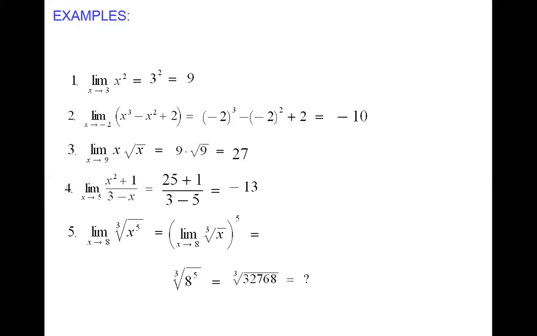But what I can do is pull that exponent 5 outside. And I believe I know the cube root of 8. 2 to the power of 5, 32. That means please always try to use the properties of limits at the right moment.